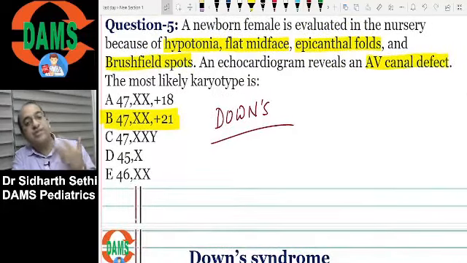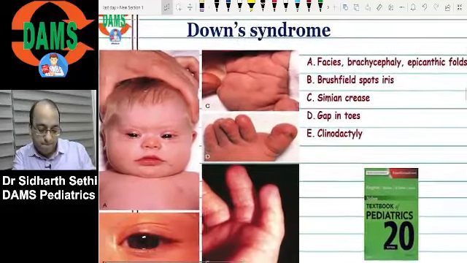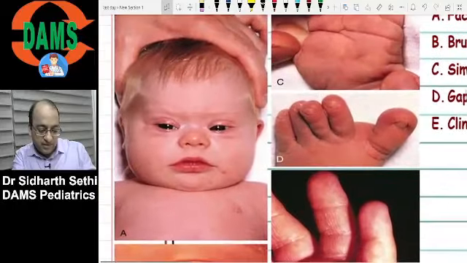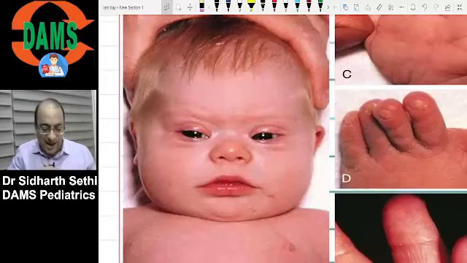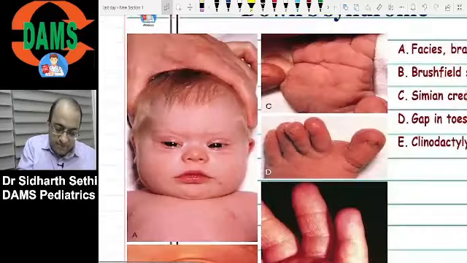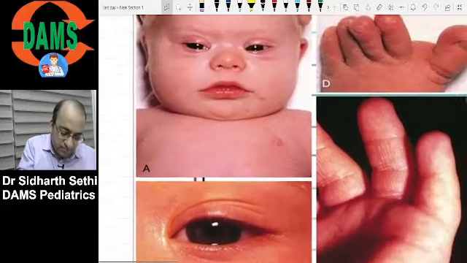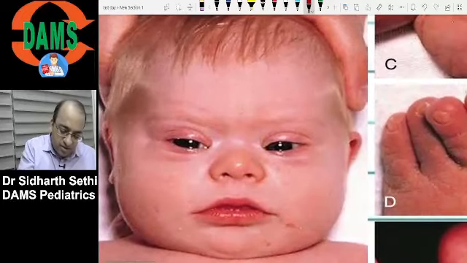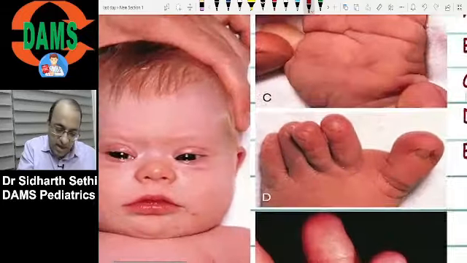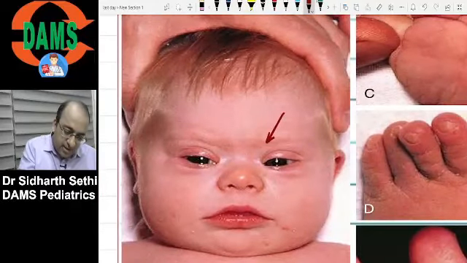Now let's look at the face of the Down syndrome. Look at the facies. This child has a typical mongoloid slant. Look at his folds. I'll just show you his iris also. Remember, they have typical epicanthic folds.